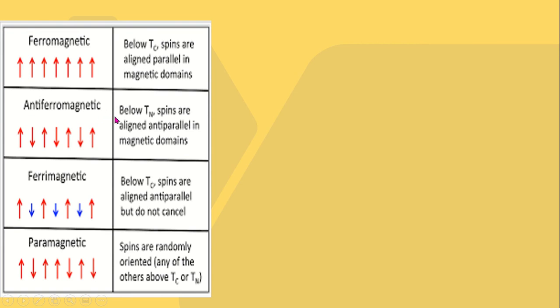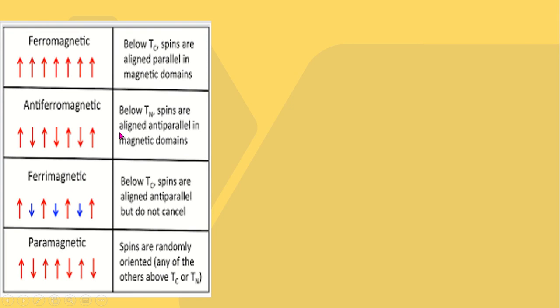Antiferromagnetic substance below Tn, that means Neel temperature. Tn means Neel temperature. And what is Neel temperature? I think I have to make you clear about it. The magnetization becomes maximum at a critical temperature, which is known as Neel temperature, and that is denoted by Tn. So below Tn, spins are aligned anti-parallel in the magnetic domain.